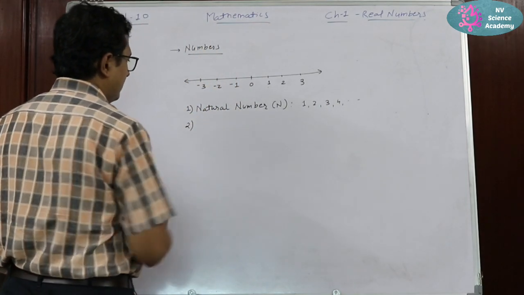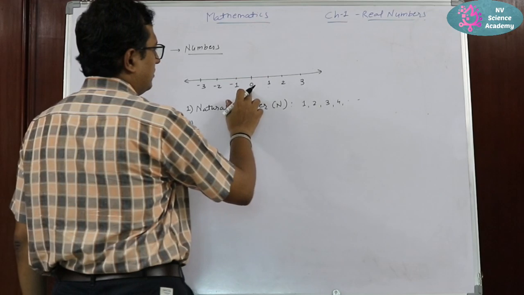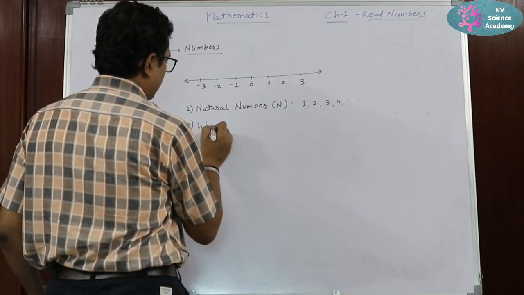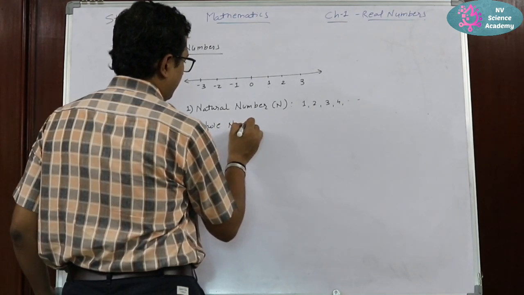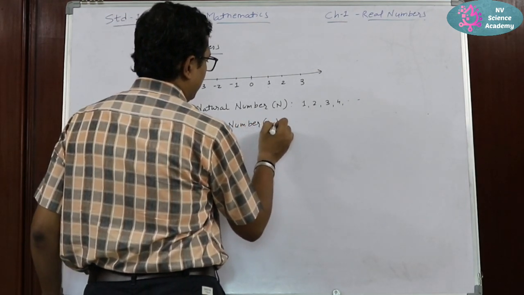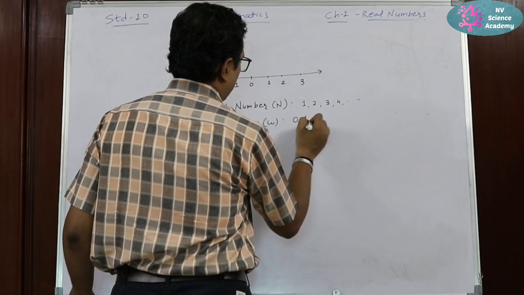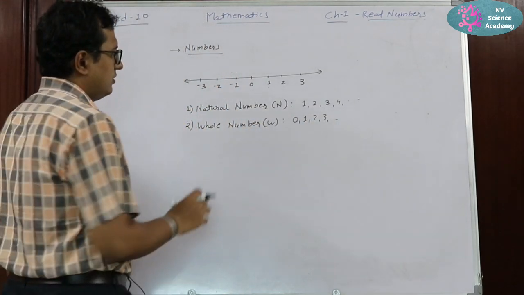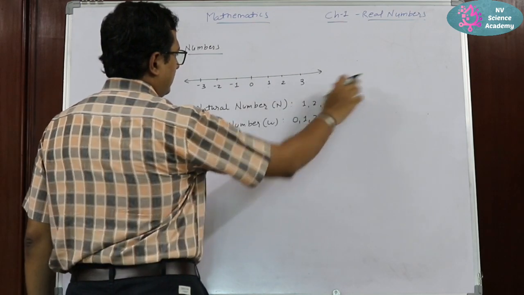The second: if I include 0 with 1, 2, 3, then it becomes the whole number, denoted by W. So it is 0, 1, 2, 3 and up to infinity. So we have covered 0 to infinity.